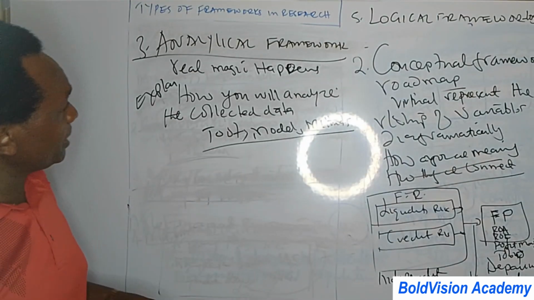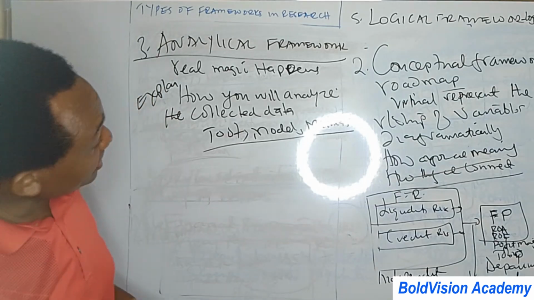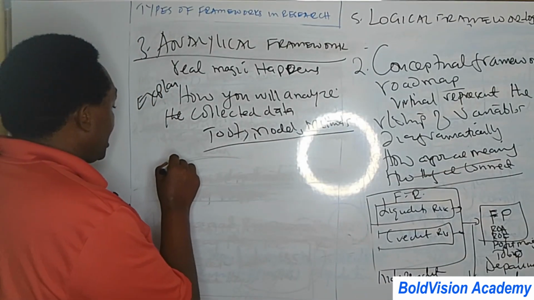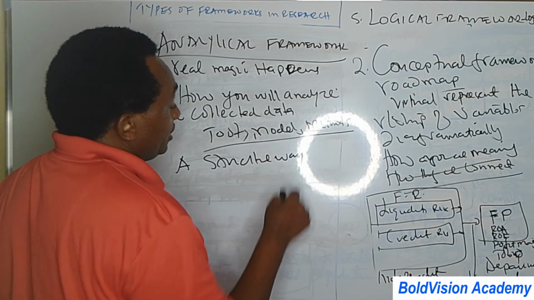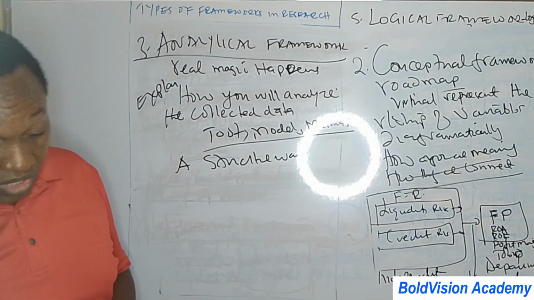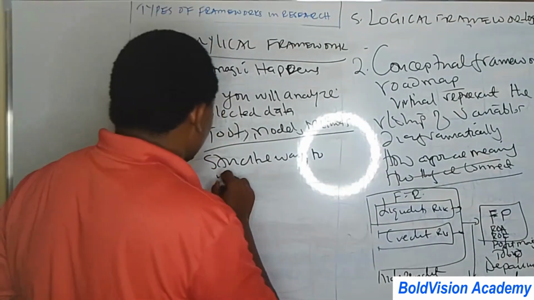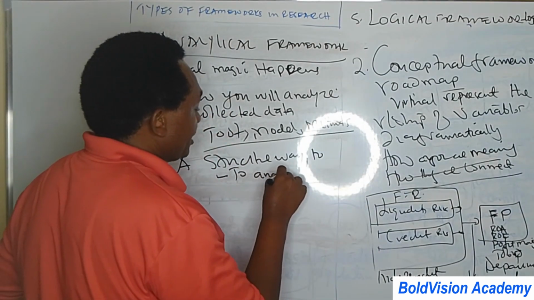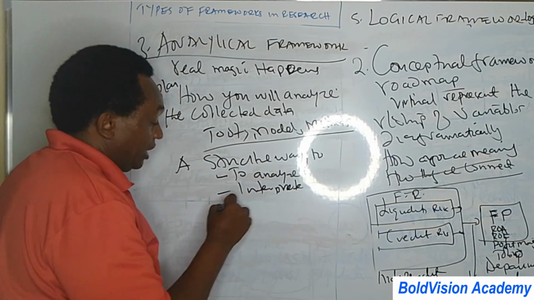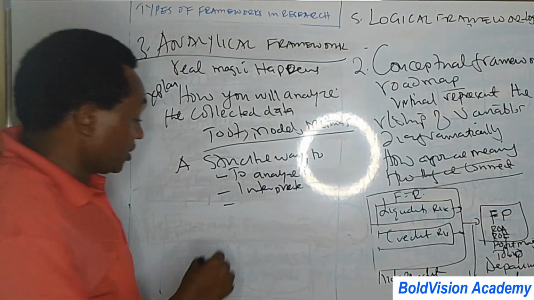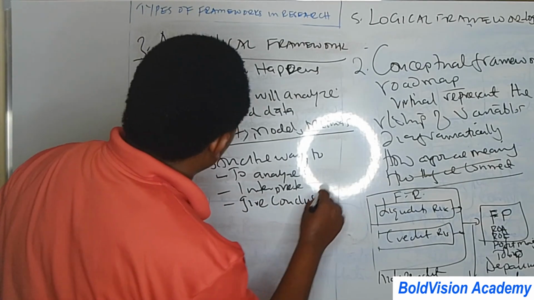The purpose of the analytical framework is to provide a structured way to, one, analyze the data, two, interpret the data, and number three, give conclusions.